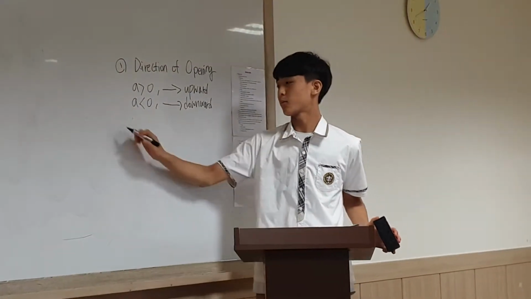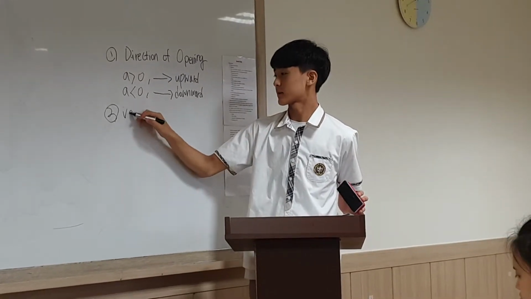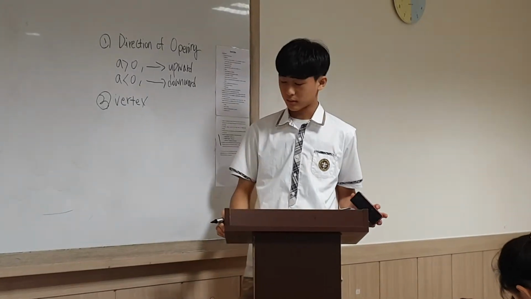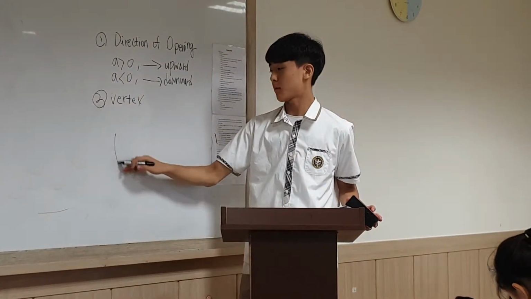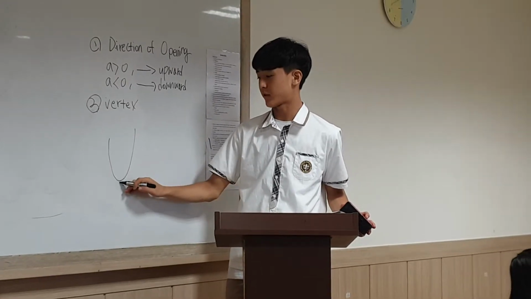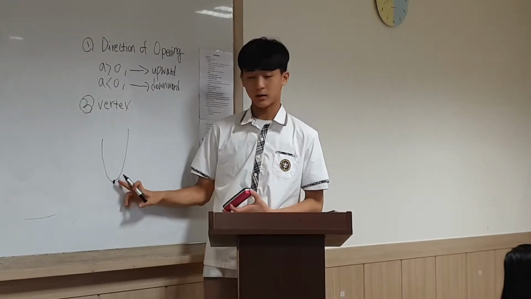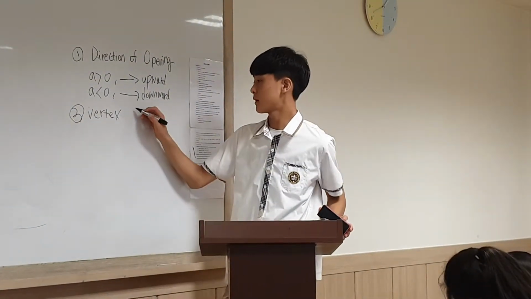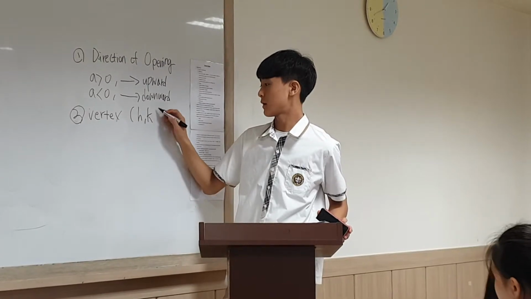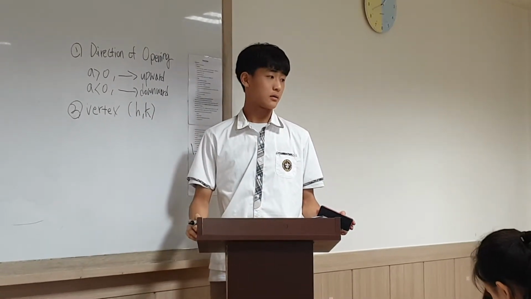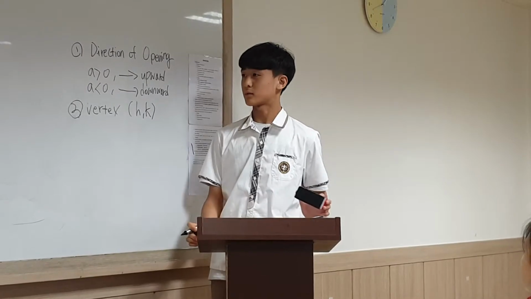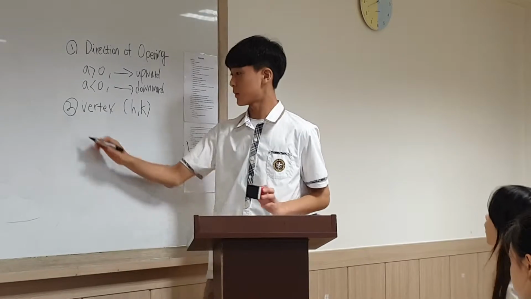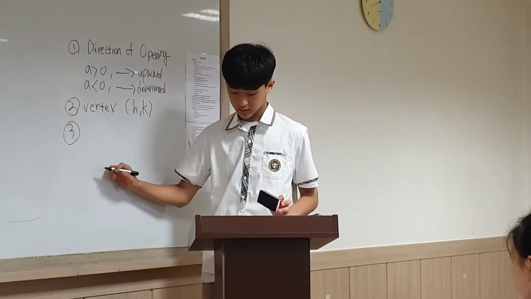The second important thing is the vertex. The vertex is a point. When the parabola is like something like this, the vertex would be this point right over here. So the vertex would be (h, k). And number 3, let me write all of these quickly.